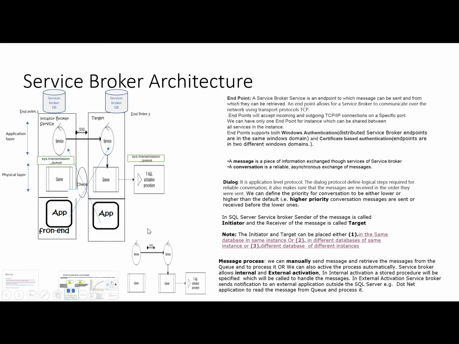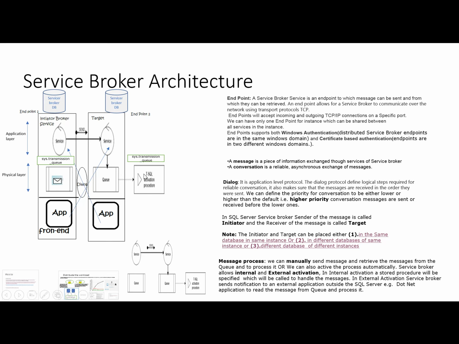So now how it is working: this is the message created again by the order application for the payment, and this message will move to the service for the processing. The payment service will process this message and will reply back to the initiator service. So the application has sent the message to the target queue, then the target service will dequeue the message and will process the message. This message processing can be manual.